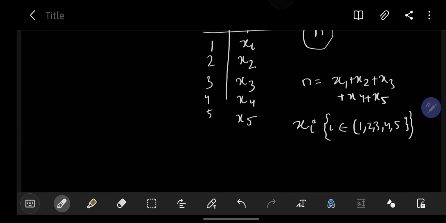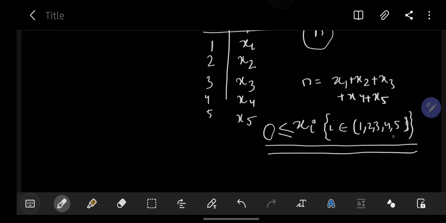So this would be greater than or equal to 0. I hope you agree. And we all know that x1, x2, x3, x4 and x5 are all greater than or equal to 0.